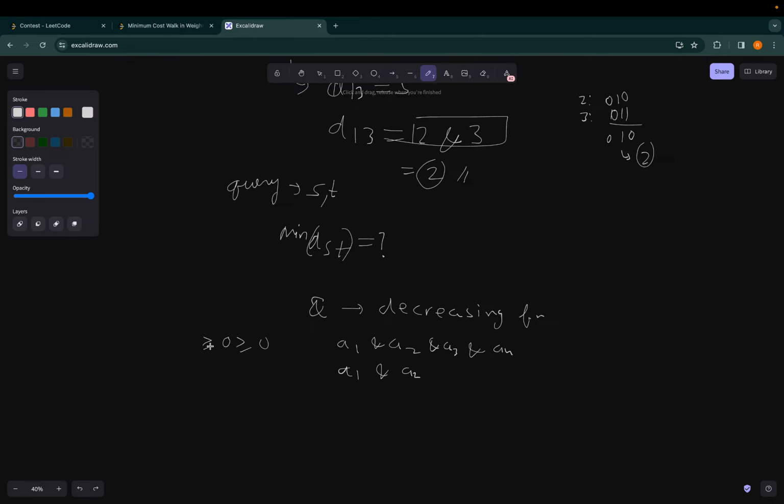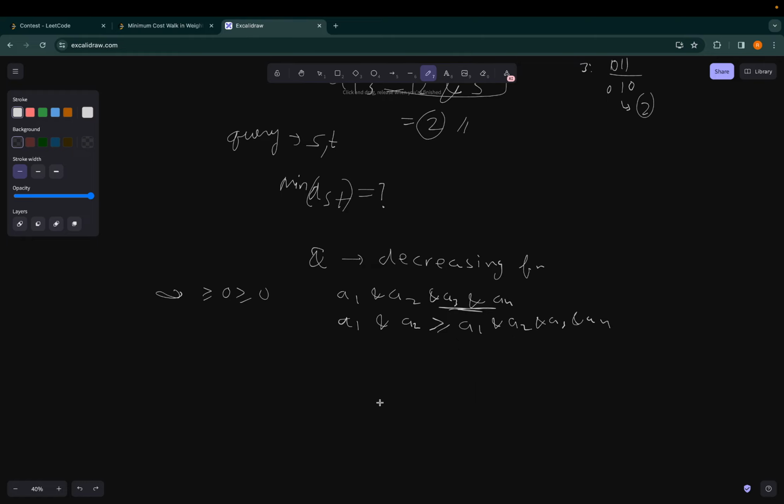Then the more numbers you do a bitwise AND of, the less the answer will become. So a1 AND a2 will always be greater than or equal to a1 AND a2 AND a3 AND a4. A simple proof for this is that once you set a bit to 0 because of an AND operation, it can never go back to 1.